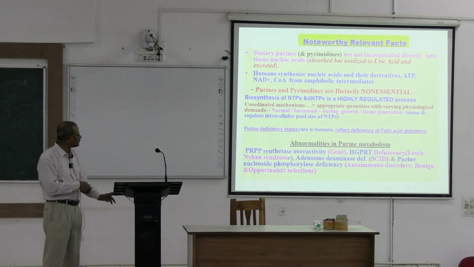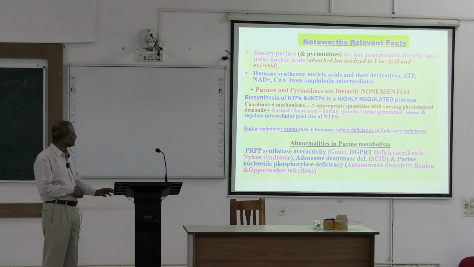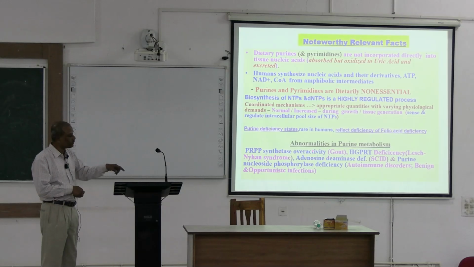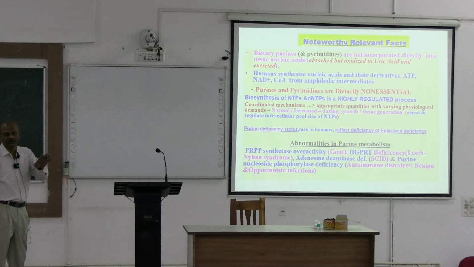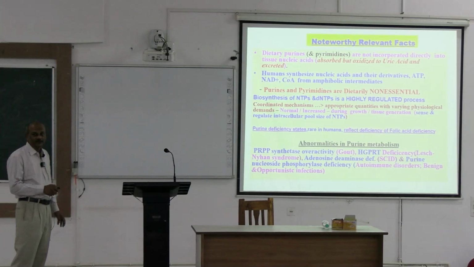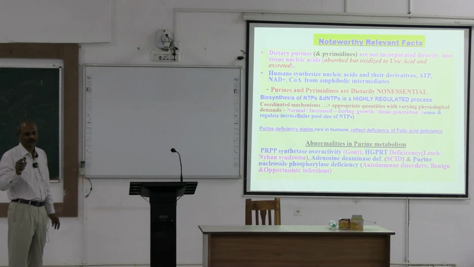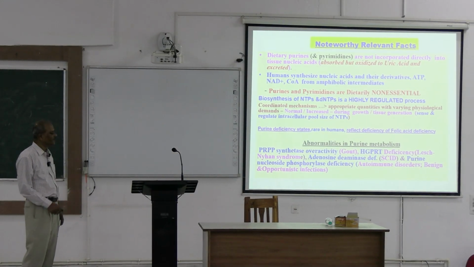These enzymes, which I will tell you in detail right now, just note down for the time being. The abnormalities of purine metabolism: PRPP synthetase overactivity, it will result in gout. HGPRT deficiency, I will tell you in detail tomorrow, causes Lesch-Nyhan syndrome.